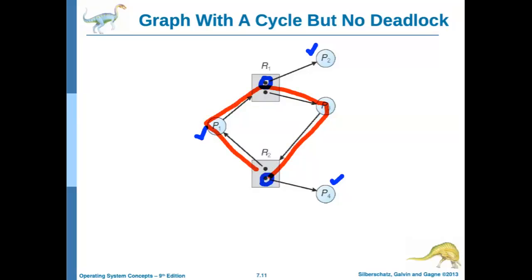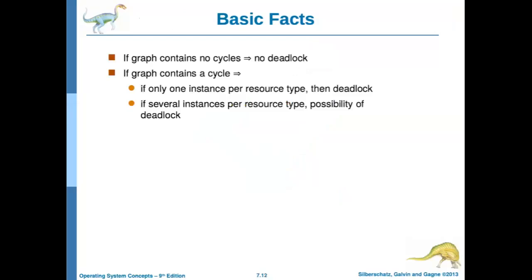Okay. So the important thing is the basic fact about the resource allocation graph. If graph contains no cycle, yes, there is a guarantee that there is no deadlock, right? But if graph contains a cycle, then two possibilities are there.